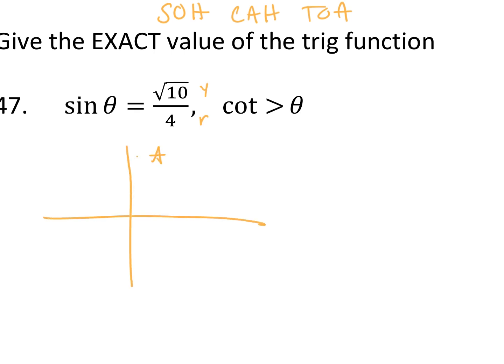So I have all students take calculus. Sine is positive, so which two can I cross out? Tangent and cosine. Because it has to either be in the all positive one or the sine positive. And cotangent's positive. So which other one can I cross out? Sine. So I'm going to be in the first quadrant.